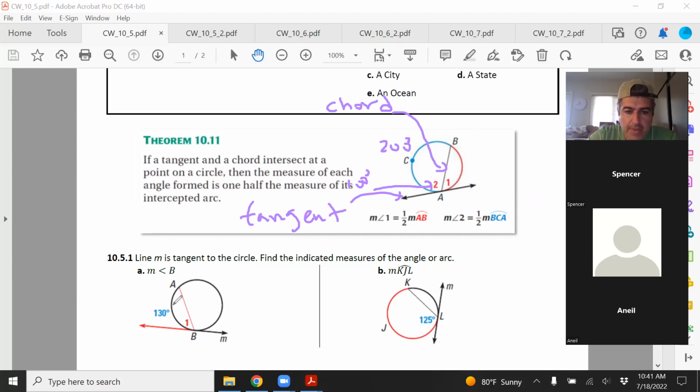You're asked to find the measure of angle B. So the arc is 130. So angle 1 is 65 degrees.